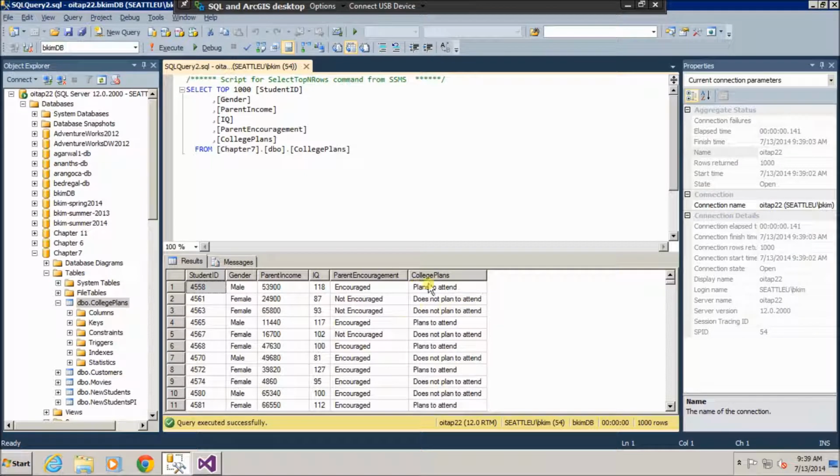So basically it's supervised learning using these labels. We want to classify applicants whether they are likely to attend a college or not. The input data will be gender, parent income, IQ, and parent encouragement.